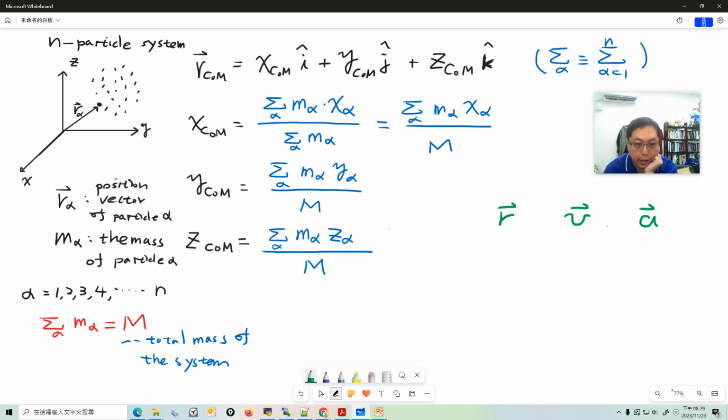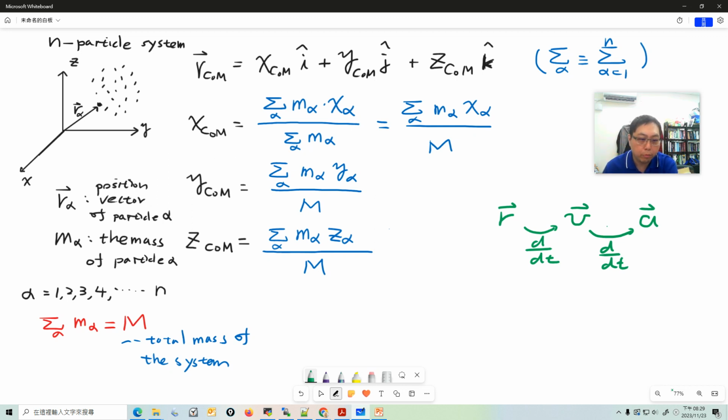If you want to get a velocity vector from a position vector, what will you do? You take the derivative with respect to time. To obtain acceleration from velocity, you take the derivative again.